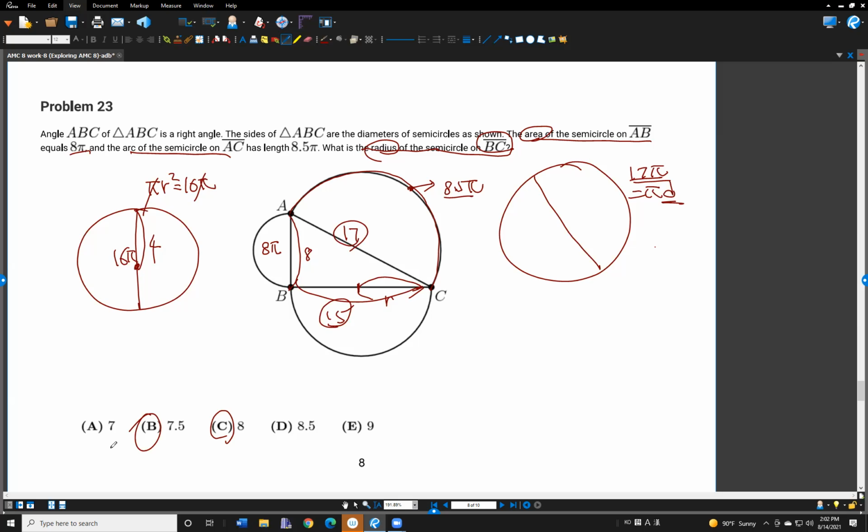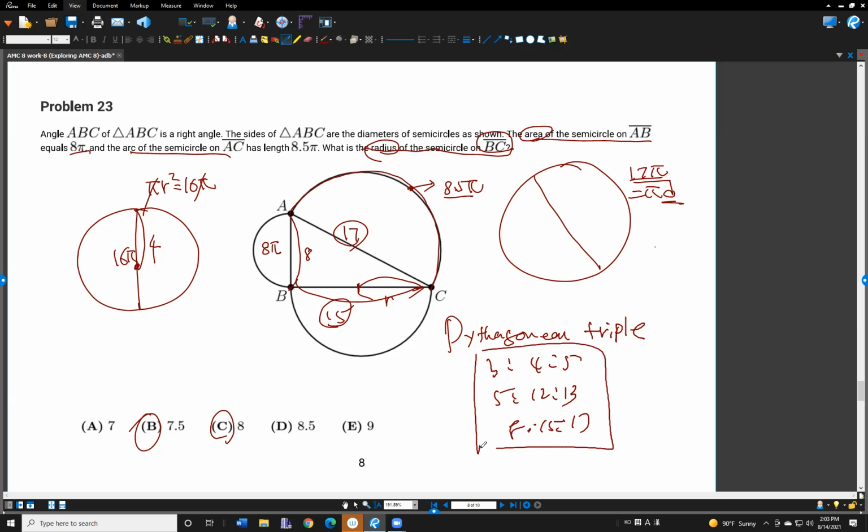Are you guys with me? Yes. All right, then that is not 8, okay? I rounded. Pythagorean triples, you have to memorize, okay? 3, 4, 5; 5, 12, 13; and 8, 15, 17. I recommend memorizing all these three only, okay?